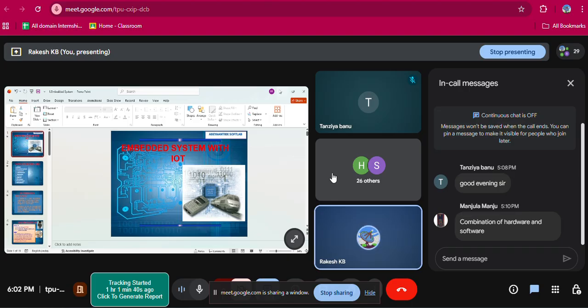Another example is an airbag. If the airbag is not opened after the accident, then the driver may die, be severely injured, or be hospitalized. So this is also one condition. And one more is nuclear reactor control.